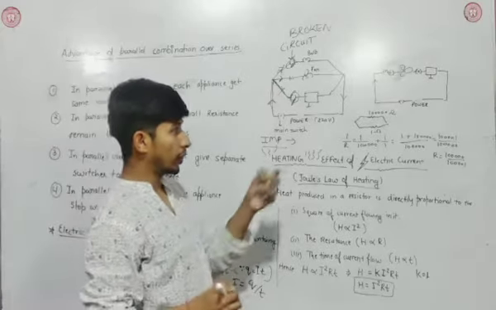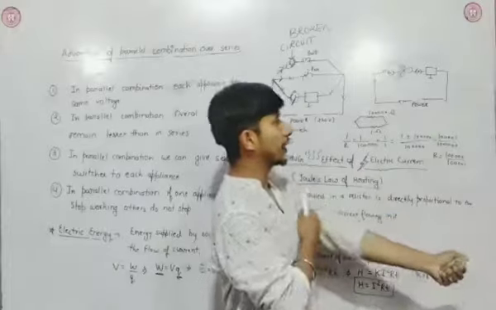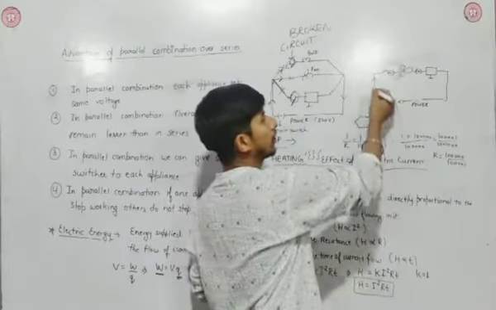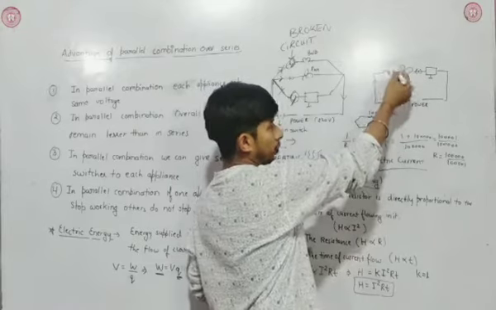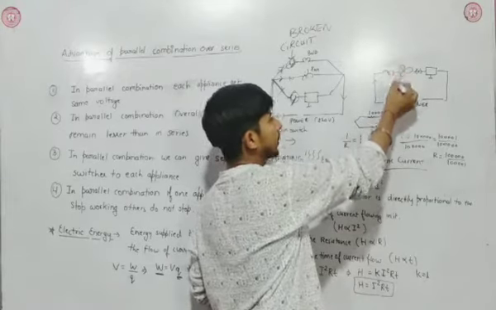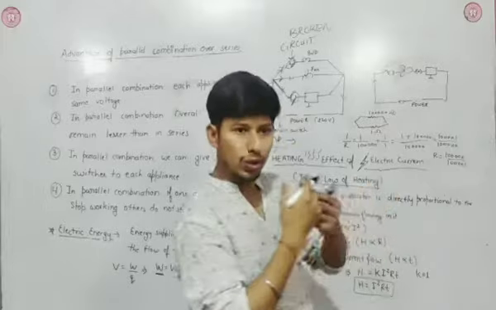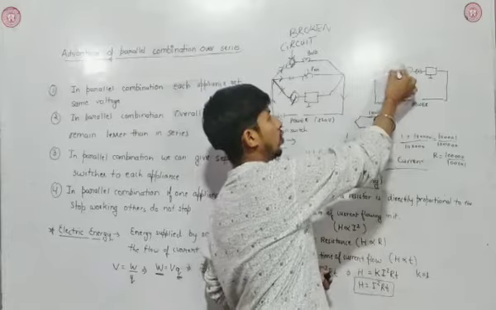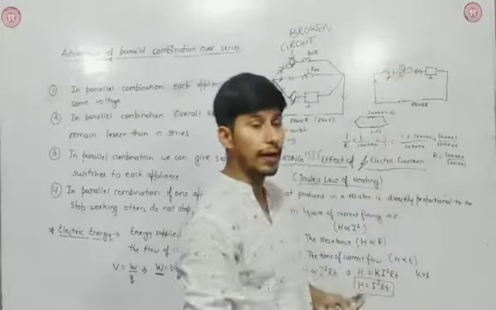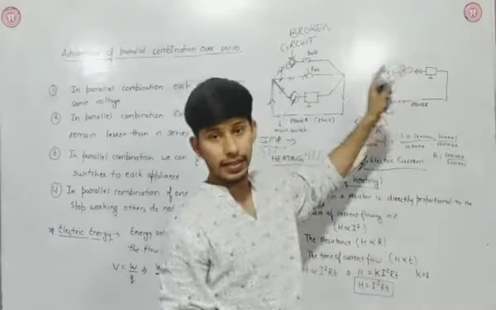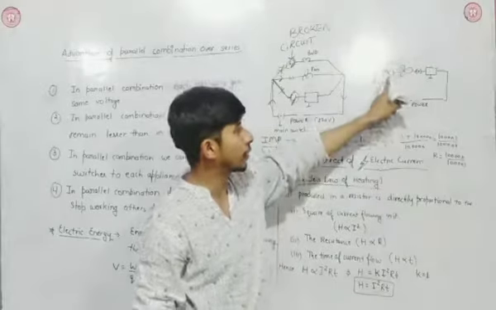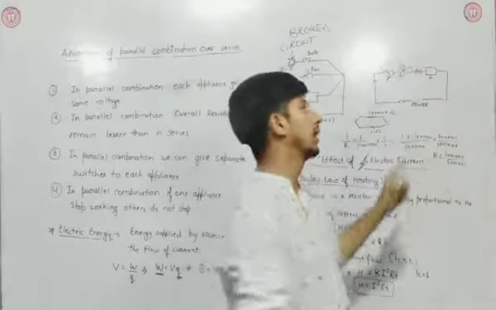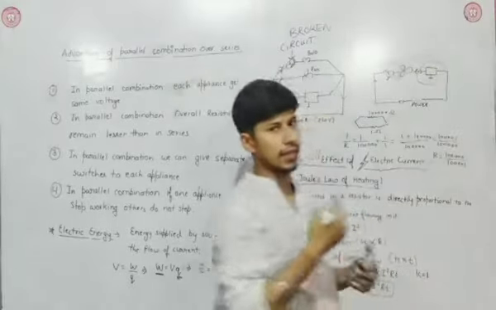Now what happens in series? In series we cannot give separate switches. Why? Because of the amount of current coming from the source, suppose here you have switched off this fan, so the fan will not let the current go ahead, right? Here the switch is off, so the circuit is broken. When the circuit is broken, current cannot go ahead, which means you cannot use that TV at the same time.